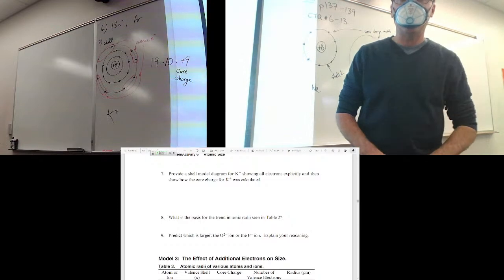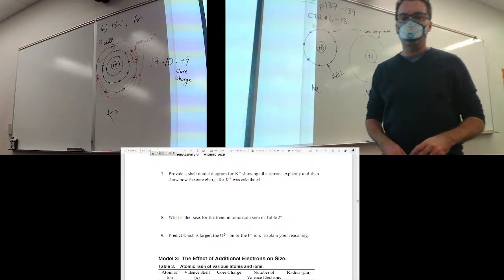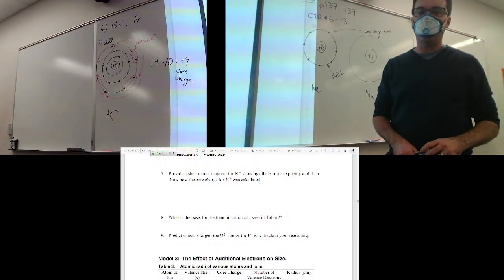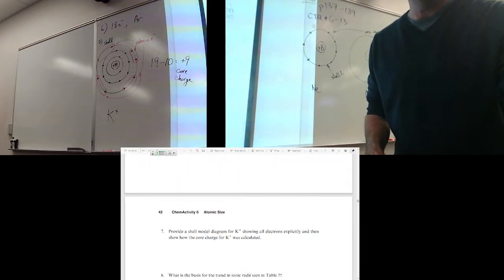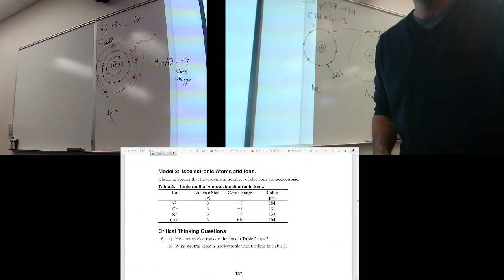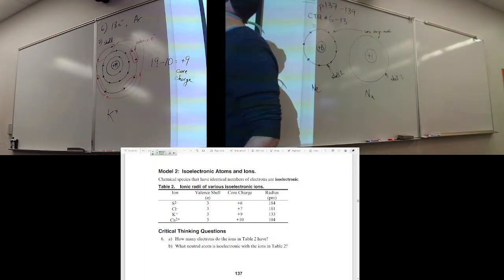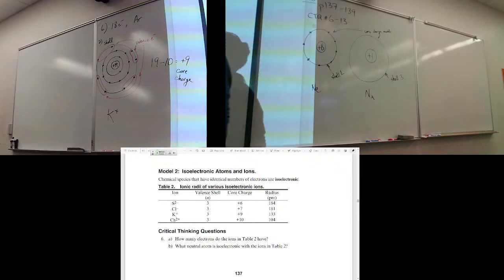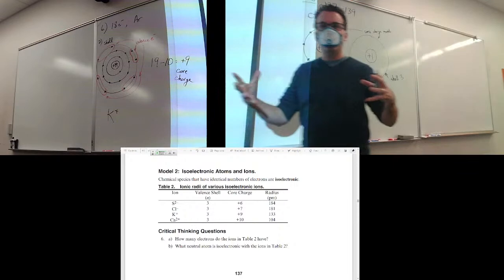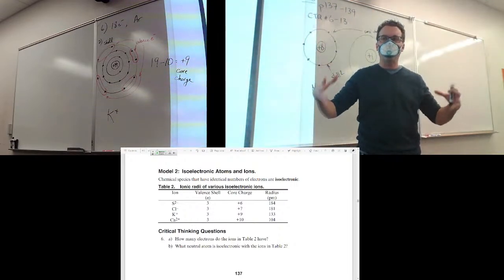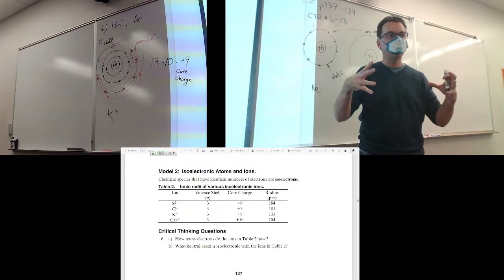So what is the basis for the trend in ionic radii in table 2? Well, this trend is showing the radius going down. It's getting smaller. So how do we explain that trend? Well, you can just look at the core charge and see. The larger that core charge is, the more attracted the remaining valence electrons are.